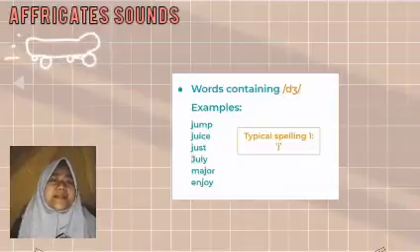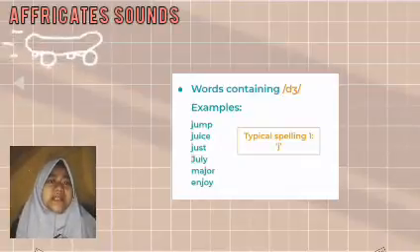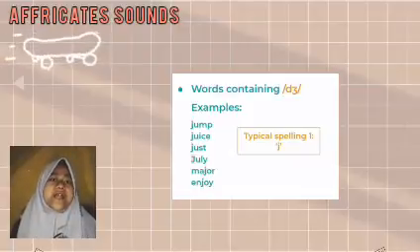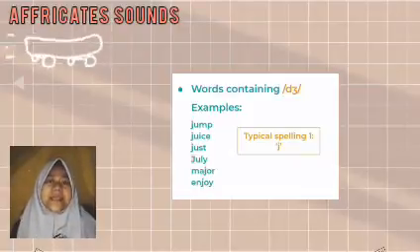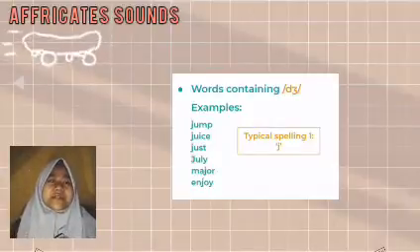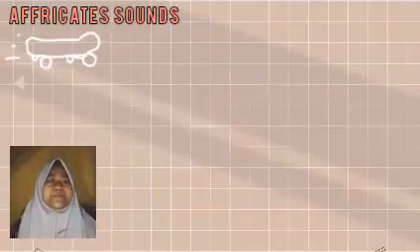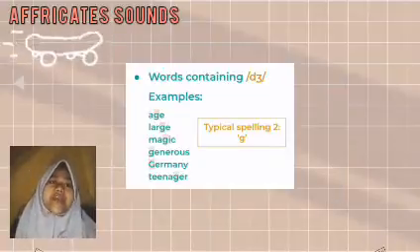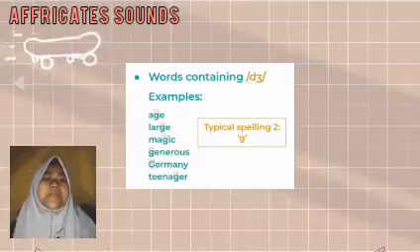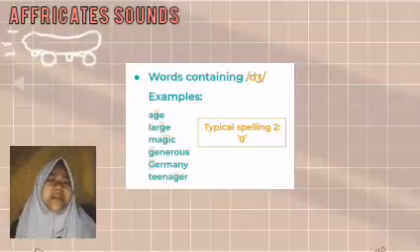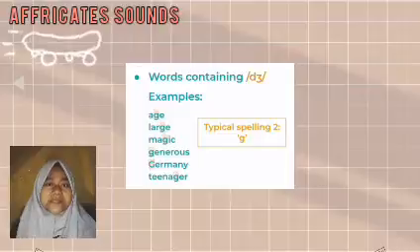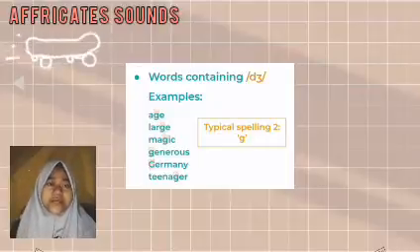The spelling is the letter J. This is the first spelling pattern. We could just have the letter J representing the sound j, but there are some more spelling patterns. Let's have a look at some more examples with j. For example, like age, large, magic, generous, Germany, teenager.